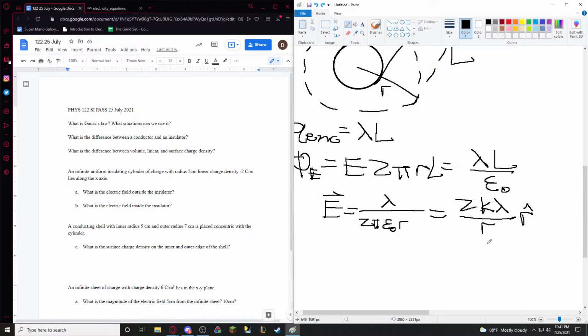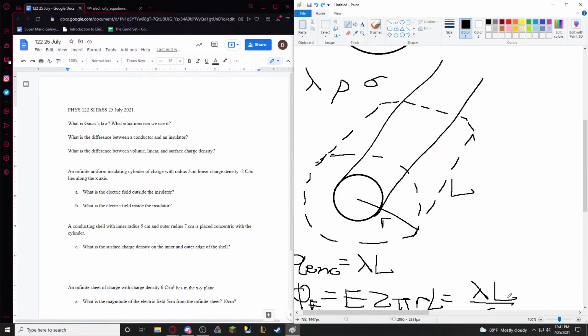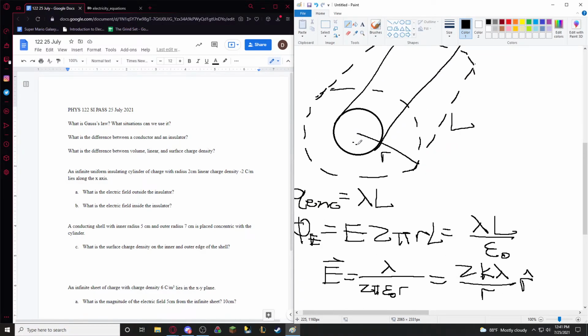Yep. So how would we find the electric field inside the insulator? For example, at a smaller radius r inside.